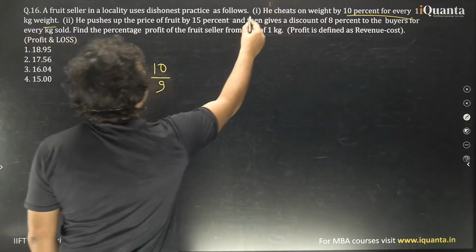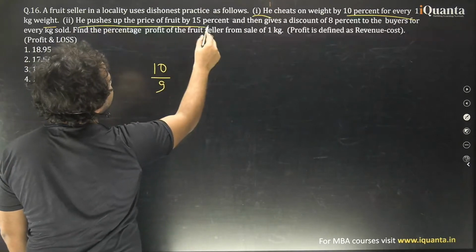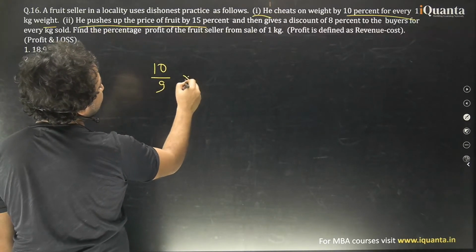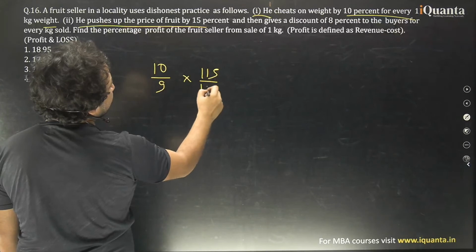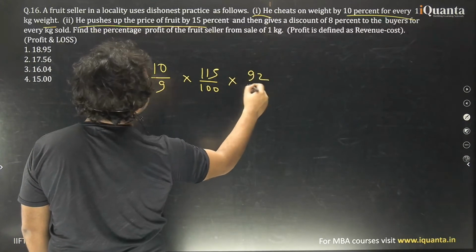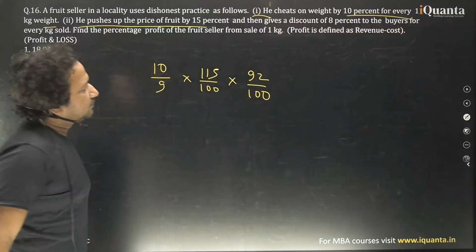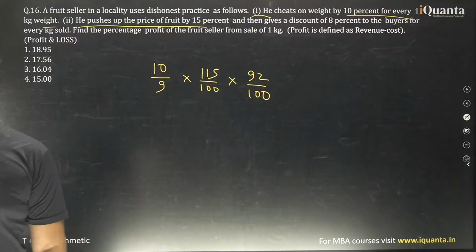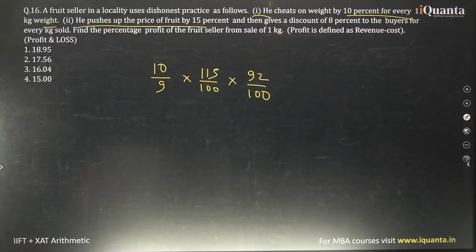The second statement, he pushes up the price by 15%, so I can multiply this by 115 by 100, and then gives a discount of 8%. So this is what it is, isn't it? This is what you might be getting, right?